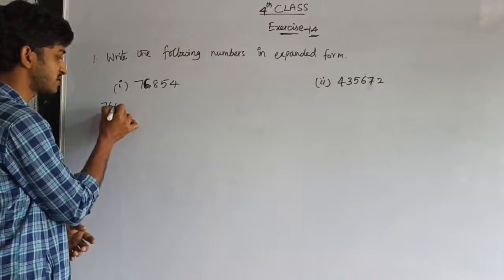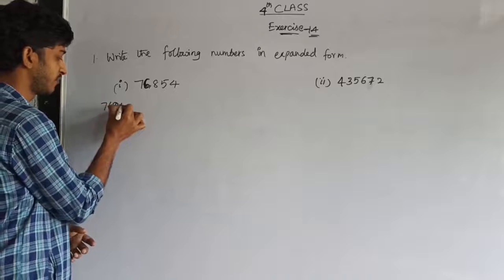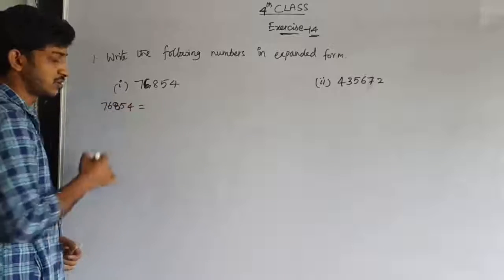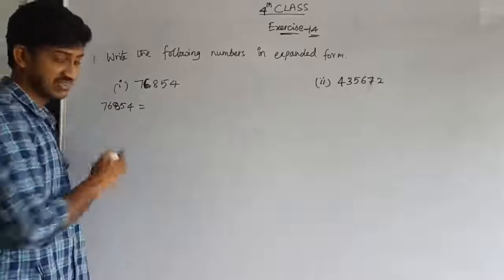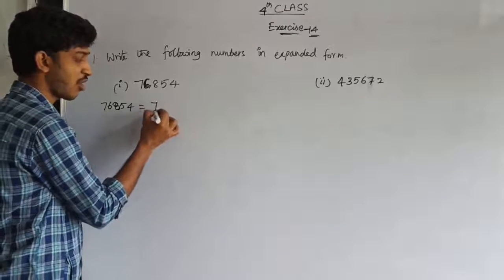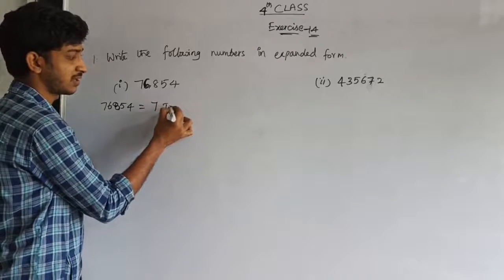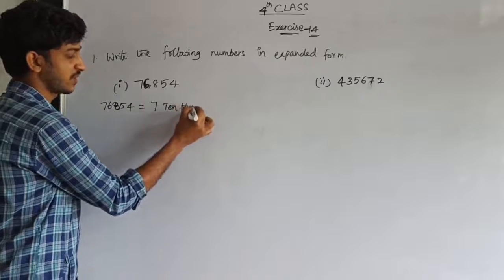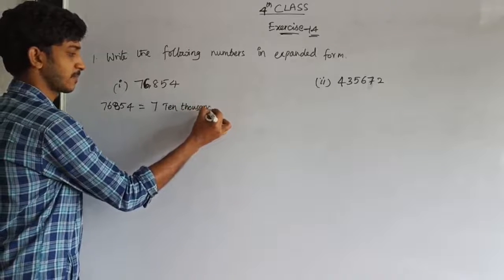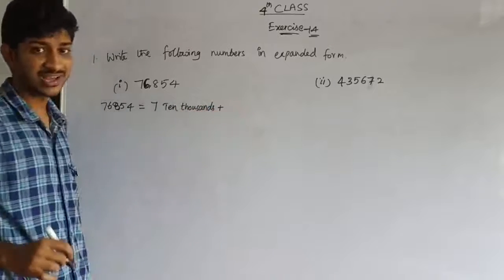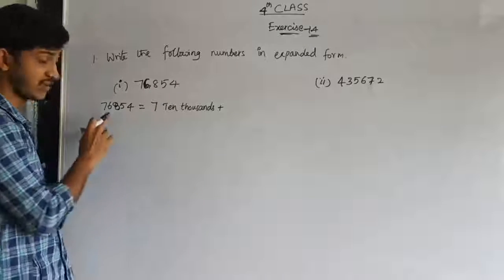In the first step, the first number is 7. 7 is in the 10,000s place. We have 7 10,000s. Plus we have to add each and every value.